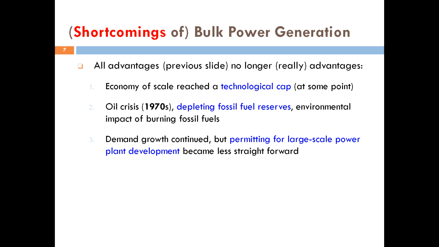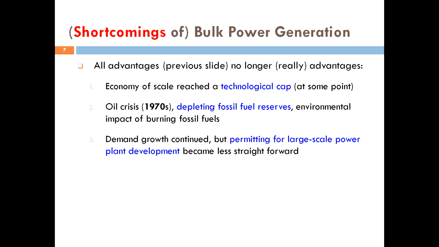Then, although the demand growth continued, because of some of these issues that started coming up, getting permits for the development of large-scale power plants became more difficult and required a lot of time from planning to actual delivery.